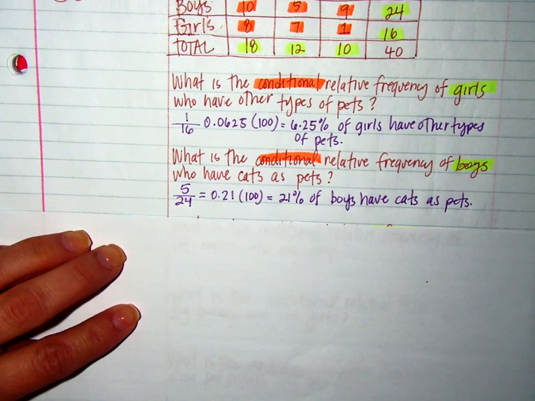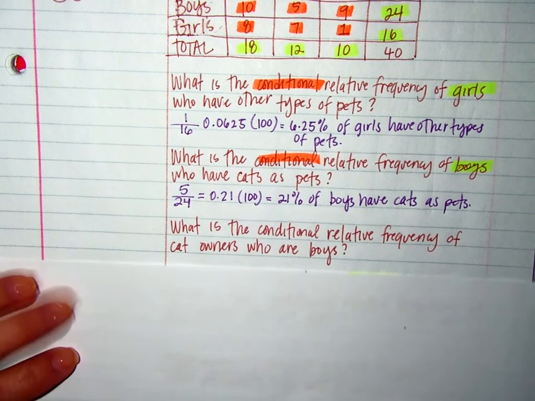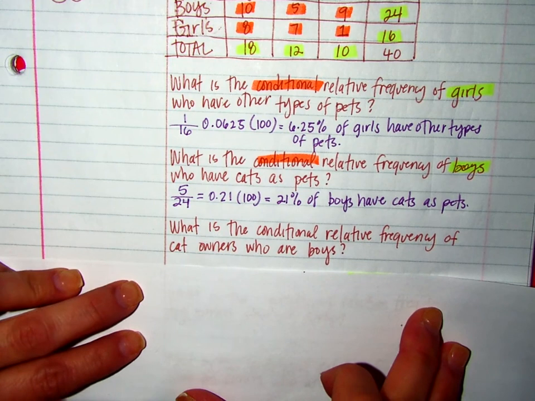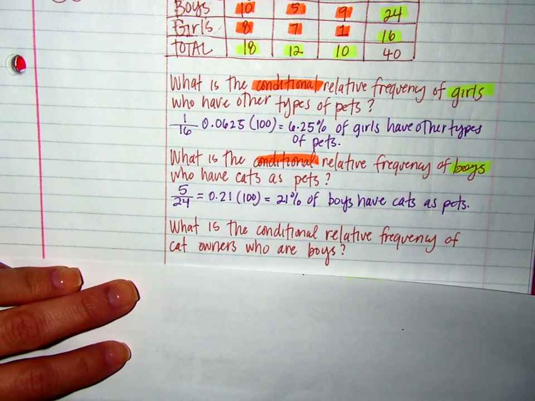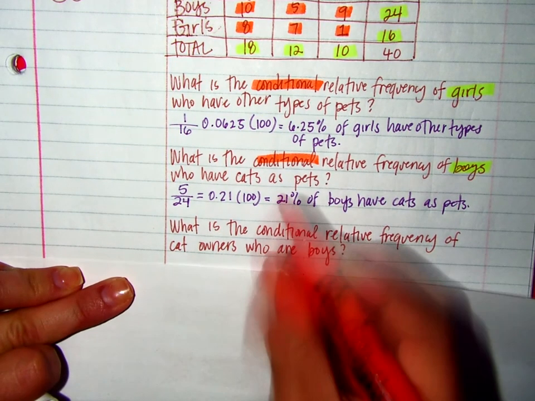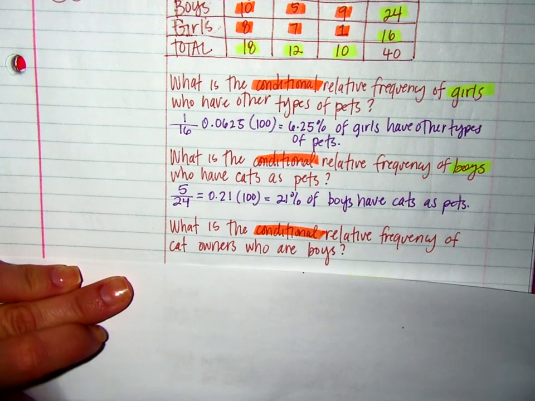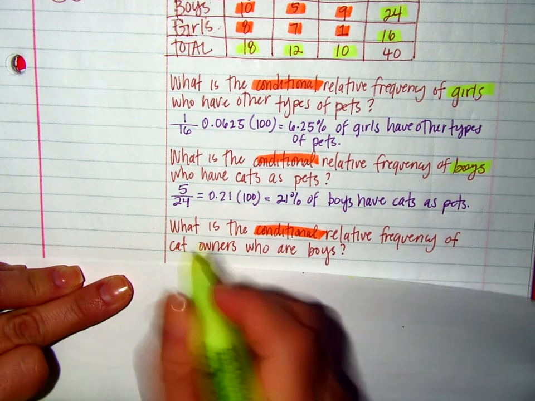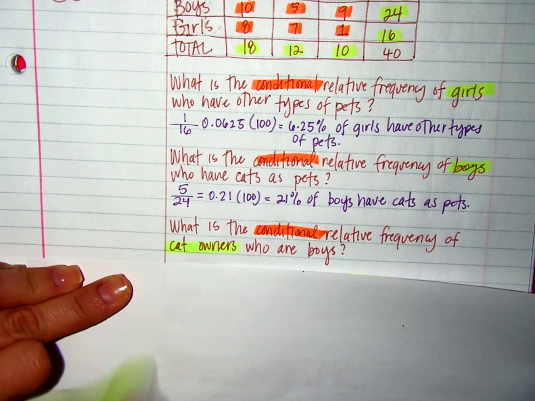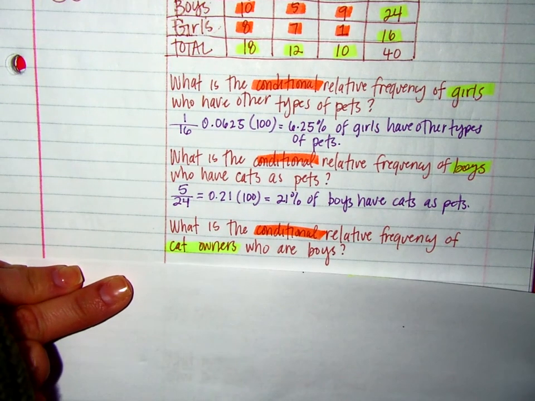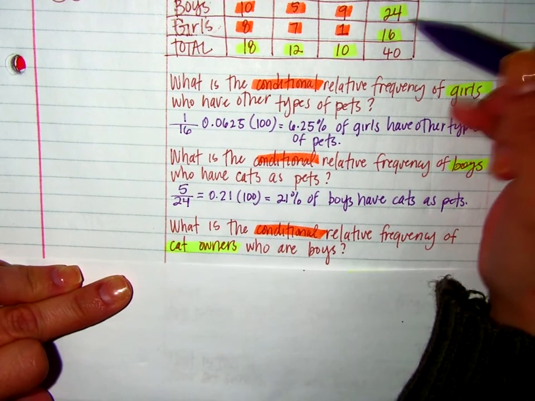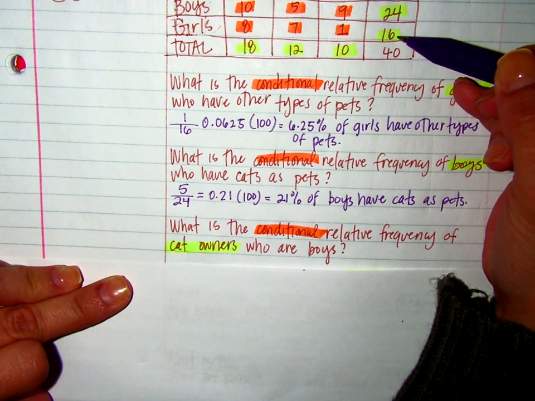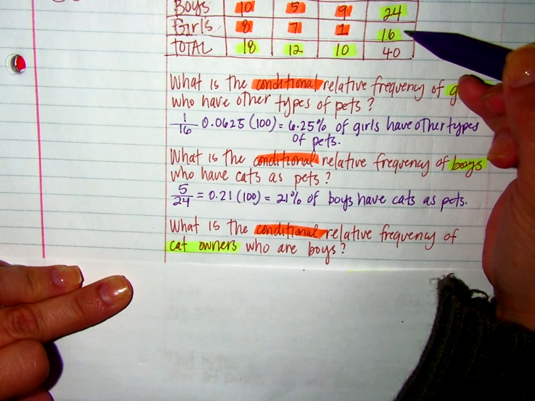Okay, our next question is, what is the conditional relative frequency of cat owners who are boys? Okay, so again, we're looking at the condition. This is a condition, so we're looking at the first category mentioned. The first category mentioned was cat owners. Now this time we have to find out where the cat owner total is. Okay, now we know that the 24 was the boy total and the 16 was the girl total. So now I have to find out what the cat owner total is.